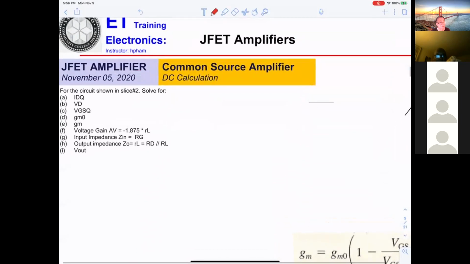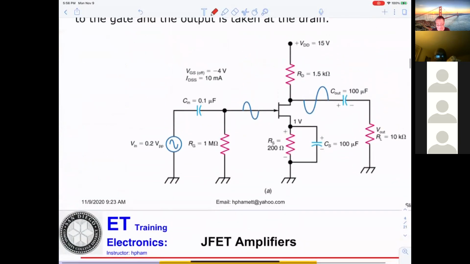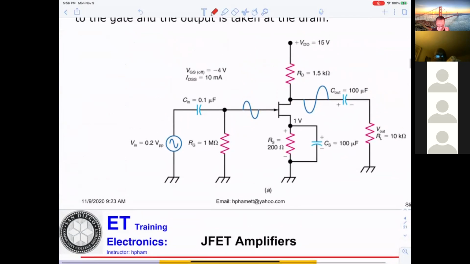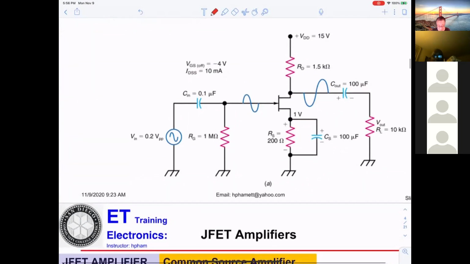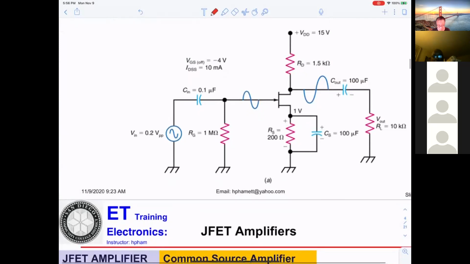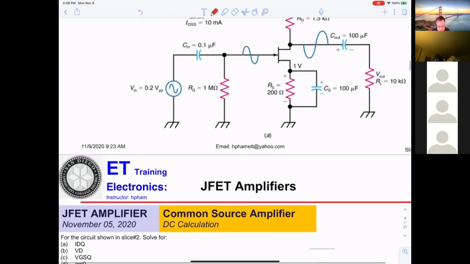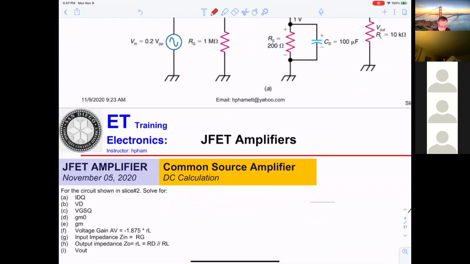Mr. Pham, can you go back to that circuit real quick? For F, you got voltage gain equal to minus 1.875. But earlier, when we calculated the gm, we got 3.75.